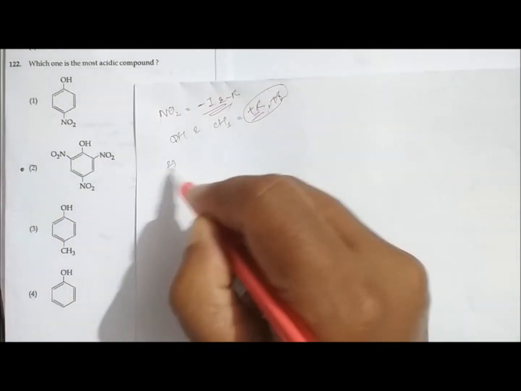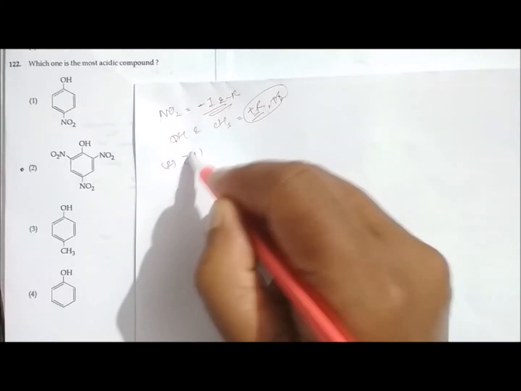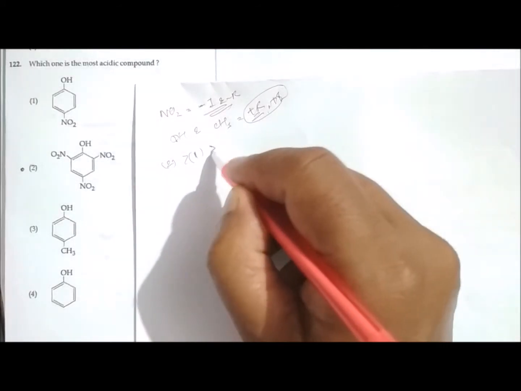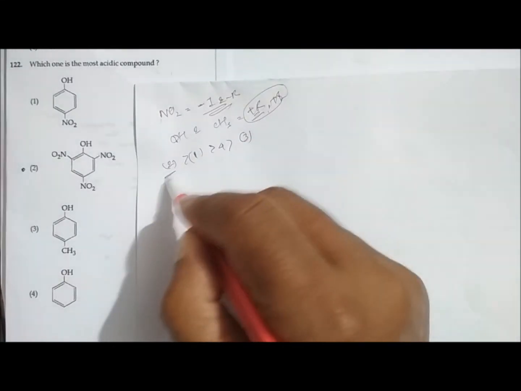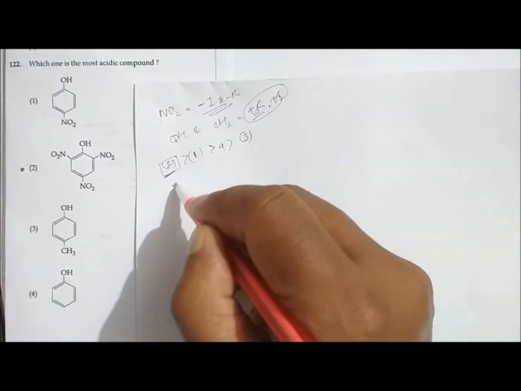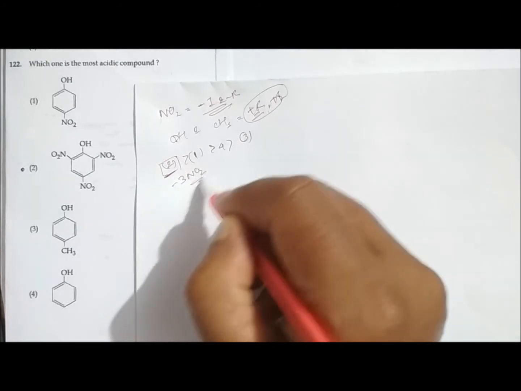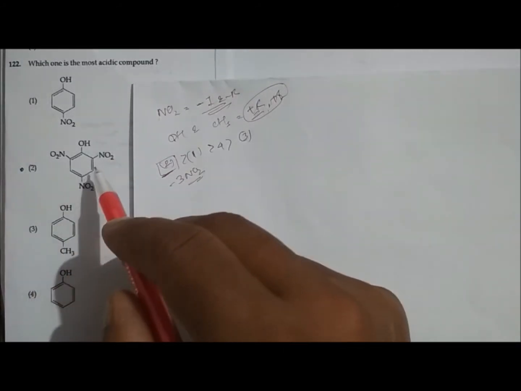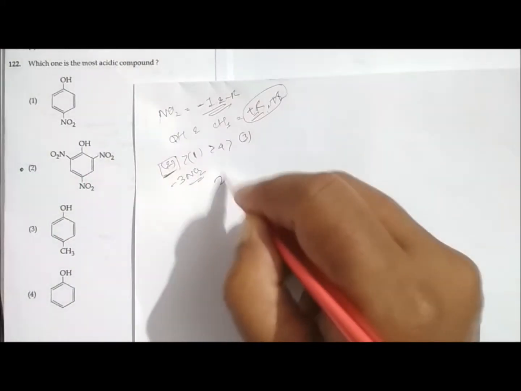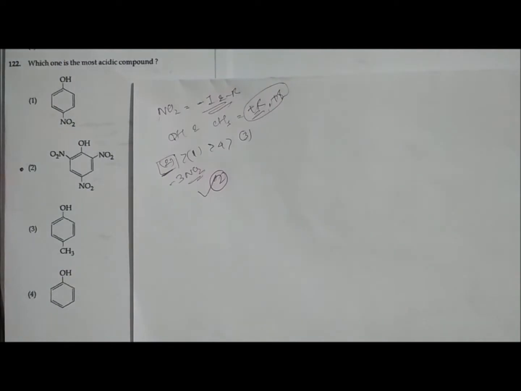So definitely 2 will be stronger than 1. After that, next is our 4 and next is our 3. But they're asking which is the most acidic compound, so the answer is 2 because it has 3 NO2 groups at ortho and para positions. So this is a very strong acid among all 4 options. So answer 2 is the strong acid.